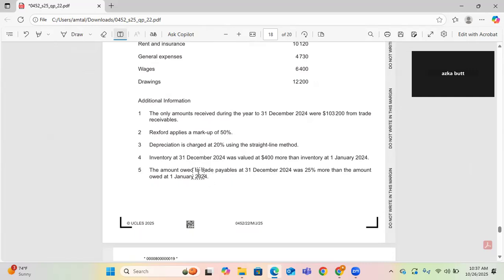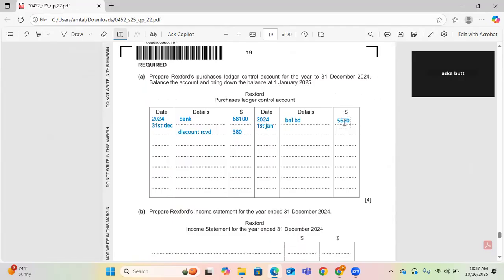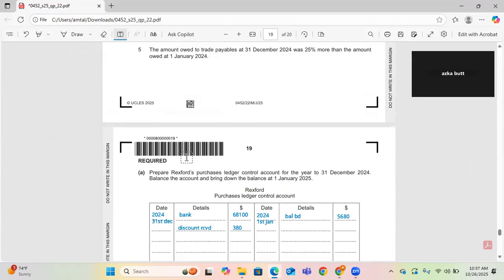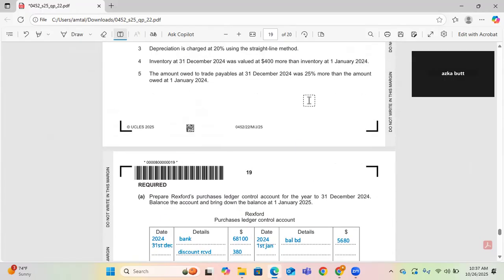So they are saying that the amount owed to trade payables at 31st December 2024, which is the year end closing balance, was 25% more than the amount owed at 1st January. So the opening balance, which was 5680, was the amount we owed at 1st January. The closing amount is 25% more than this amount.